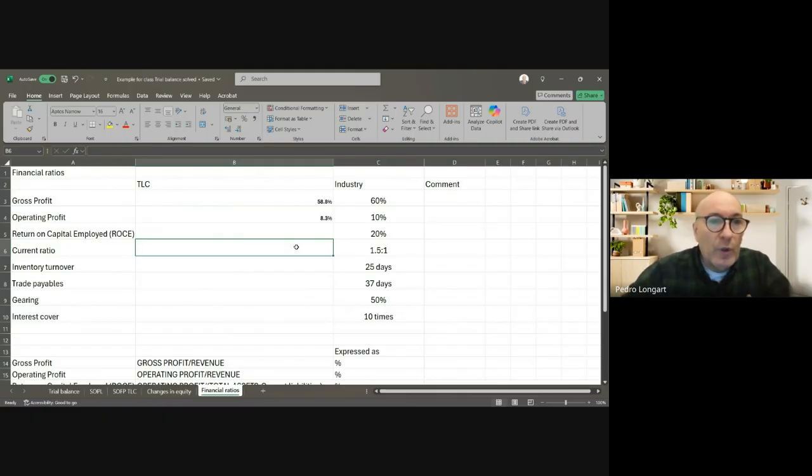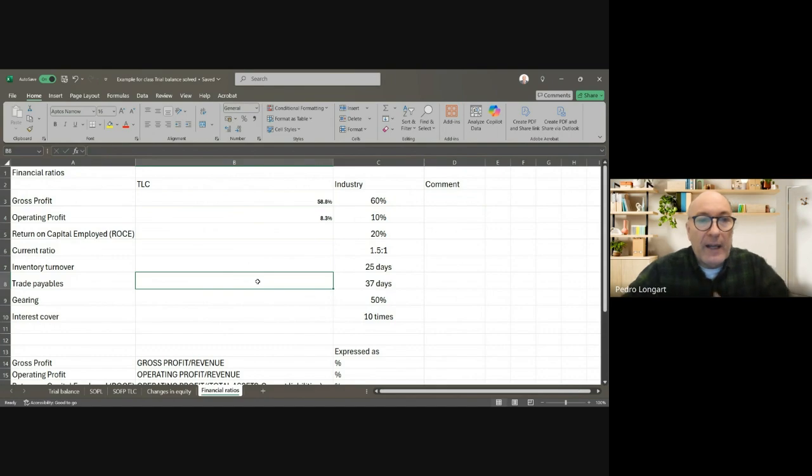Let's talk about the return on the capital employed and what it means. The return on the capital employed is about your assets. It is said you have to make your assets sweat. It means an efficient, productive use of your assets.